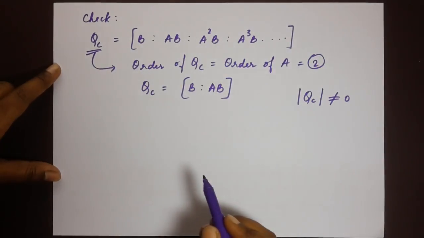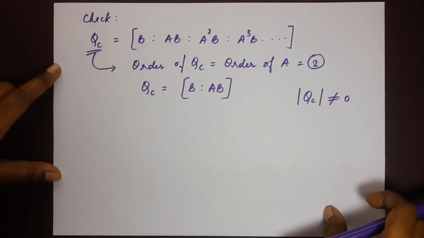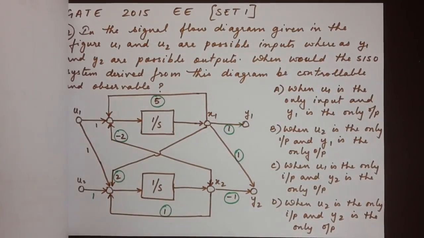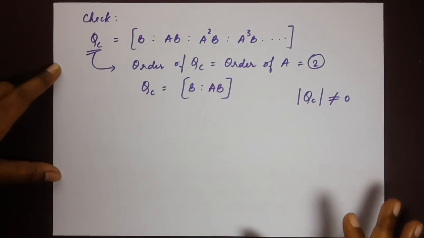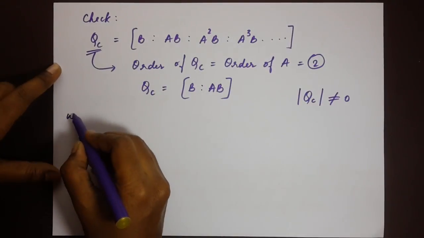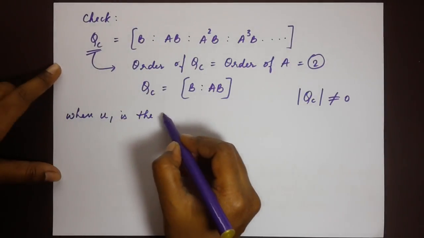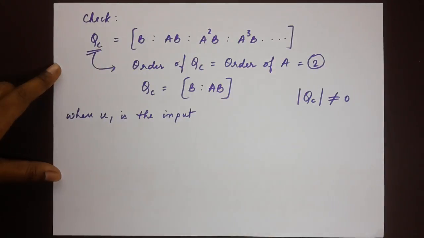So we have different cases here. As we have seen, we are working on controllability, so we will be working on the inputs here. We have 4 different options: U1, U2, and U1 and U2. Those are the inputs. We have to check for both, so we'll start first with U1 as the input.